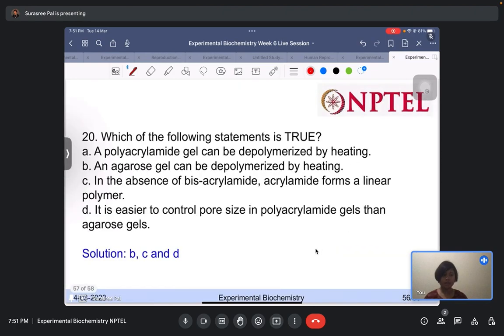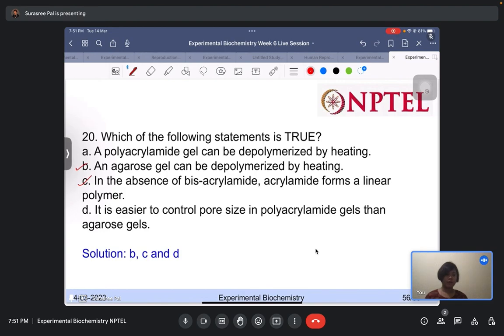Okay, so the correct answer is that agarose gel can be depolymerized by heating, but a polyacrylamide gel cannot be depolymerized by heating. In the absence of bisacrylamide, acrylamide forms a linear polymer. That is also correct. Bisacrylamide acts as the cross-linking agent.